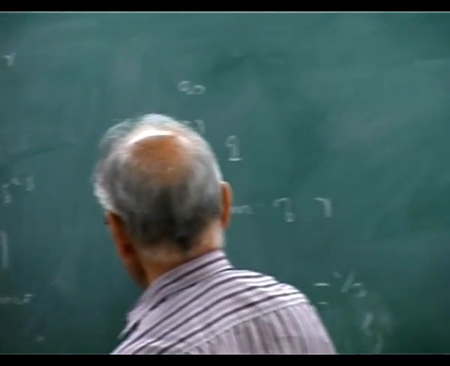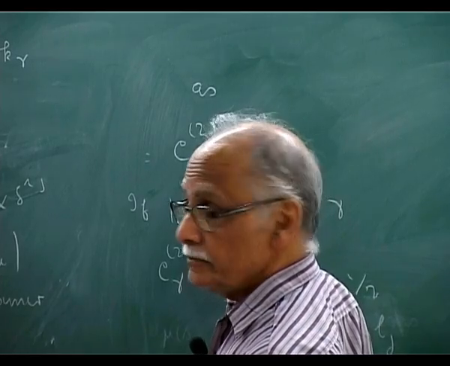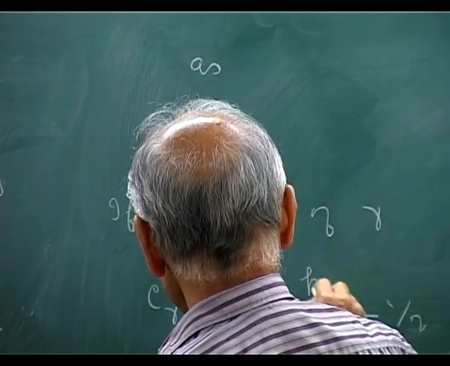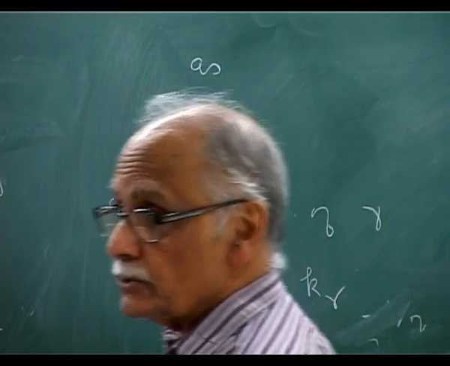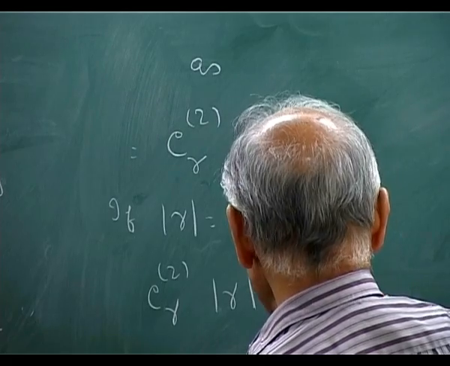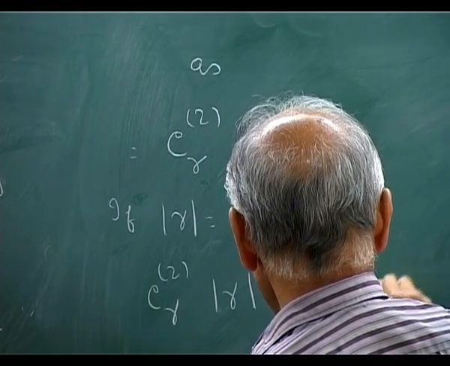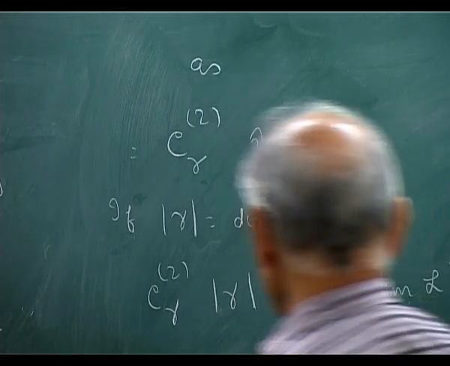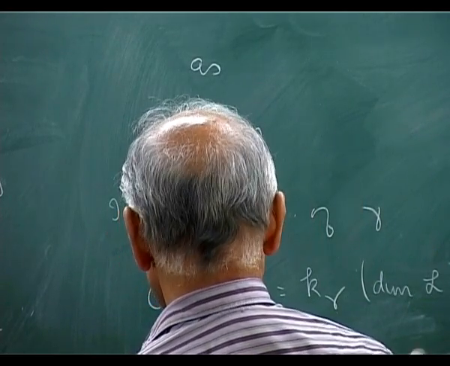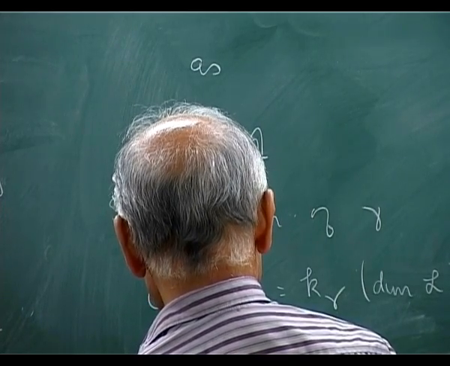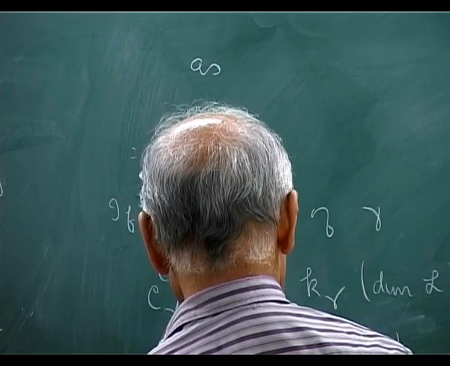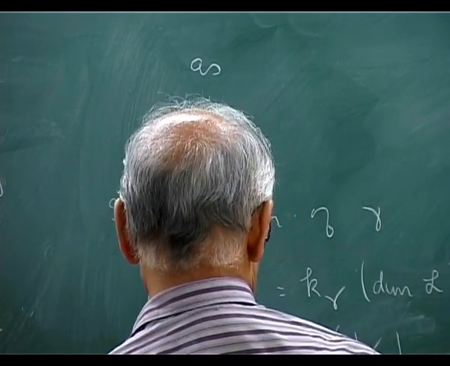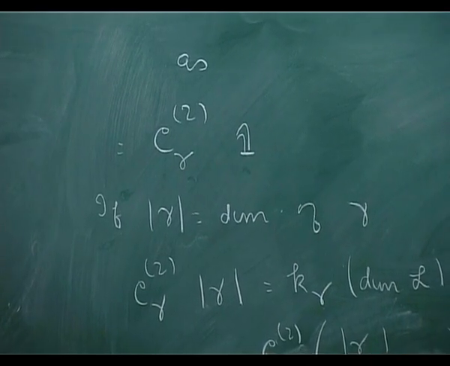The left hand side is C2 gamma, and the trace of 1 is the dimension of gamma. This is equal to the right hand side, which is k gamma times, I am summing over i and j, so the dimension of the Lie group, times the dimension of L. So we know what k gamma is. It is the quadratic Casimir in the representation gamma times the dimension of gamma, divided by the dimension of the Lie algebra or the Lie group, whatever. So the normalization is fixed.